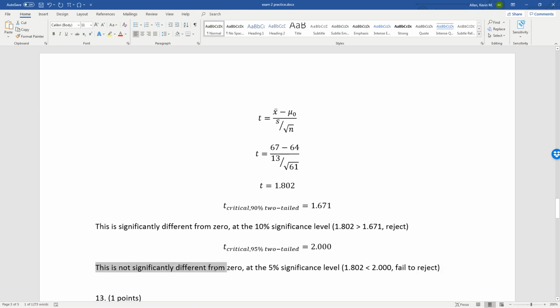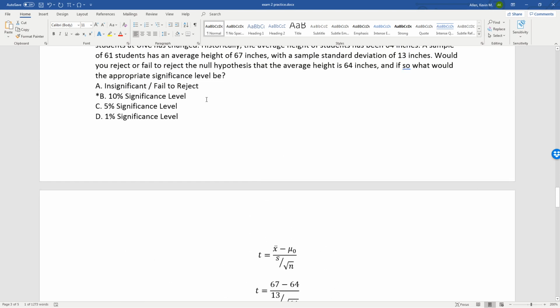So this is not statistically significantly different from 0 at the 5% level. So the answer is, it is significant, so it isn't A. It's significant at the 10% level, but it's not significant at the 5% level, so the answer must be B. It's significant at the 10% significance level.